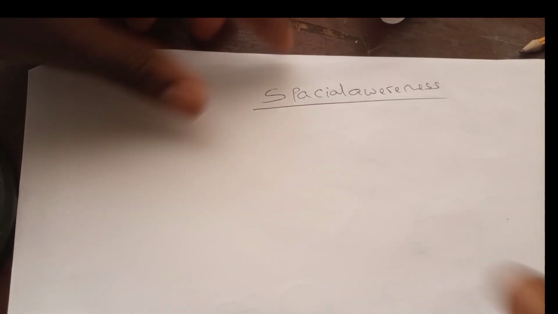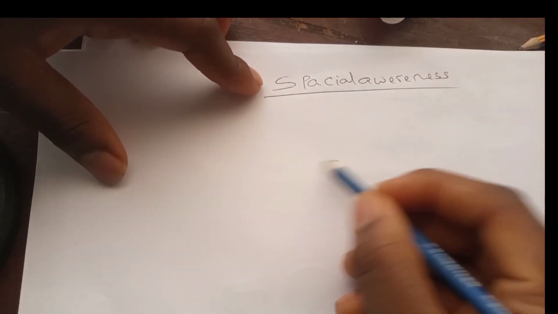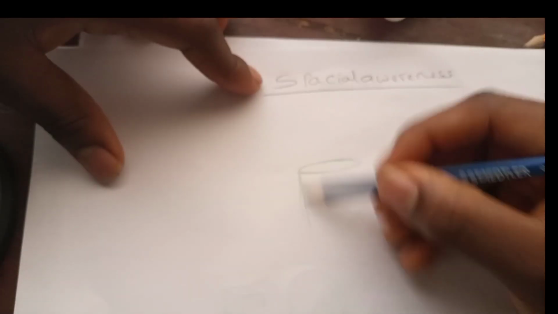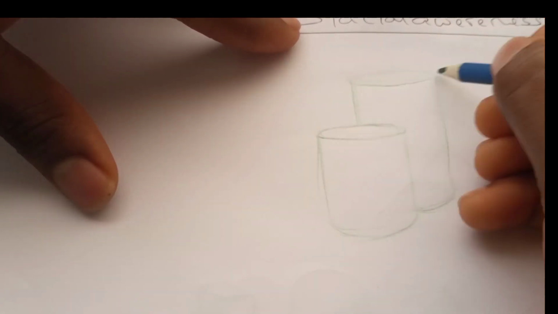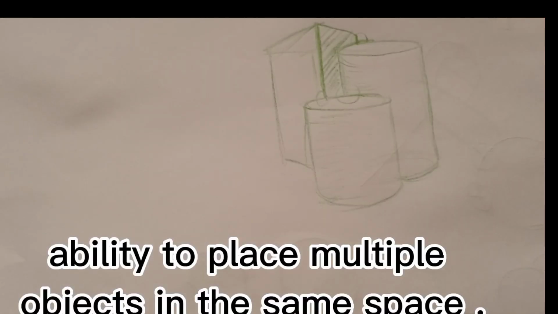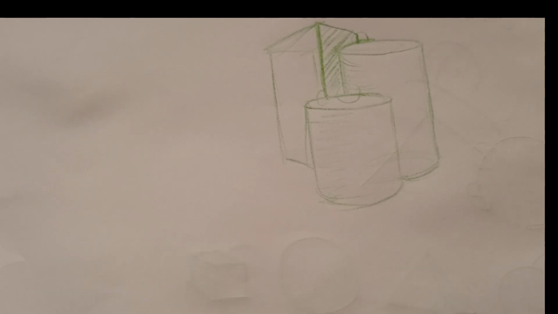What spatial awareness pretty much is, is your ability, using T overlap, to position different objects in space. And there you have it. That's pretty much spatial awareness, the ability to create spatial awareness.